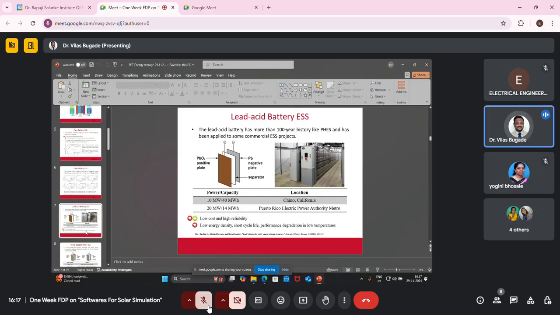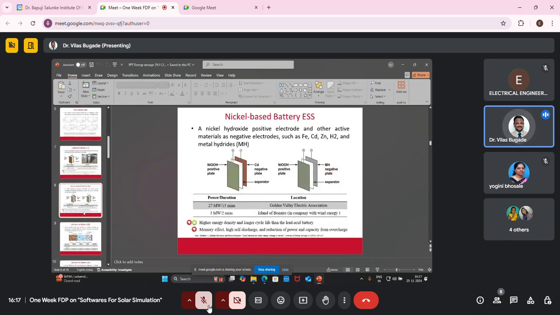Till date, we have used UPS systems and, particularly in large-unit energy storage systems, most probably lead acid batteries, because they have a good ampere hour capacity for storage. In a recent trend, what people are thinking about is nickel and lithium.